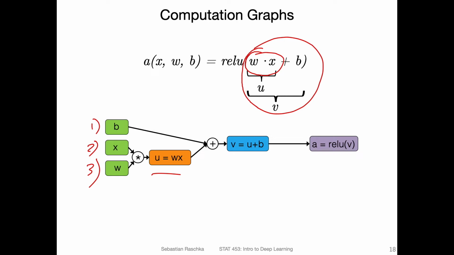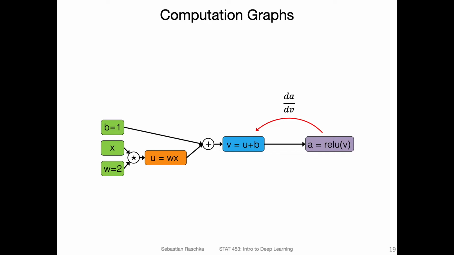Then we add the bias unit, so we have u plus b, which gives us another variable v. And then v goes through the activation function. I could have used z, because this is really the net input, but for some reason I used v here. It shouldn't really matter. Just think of it as a computation that we represent as such a graph.